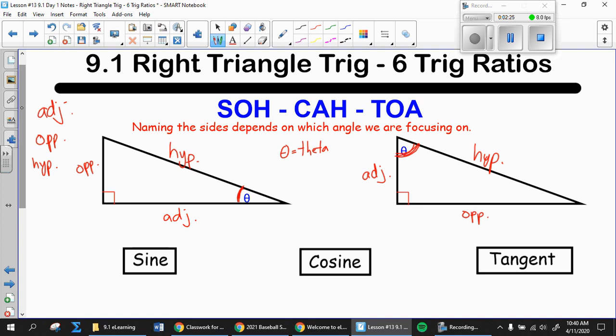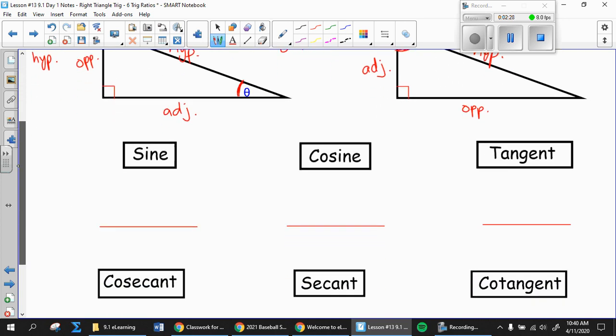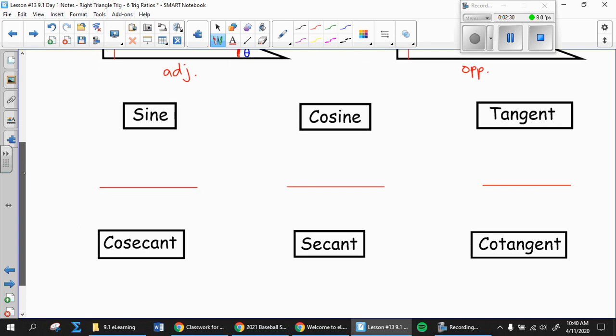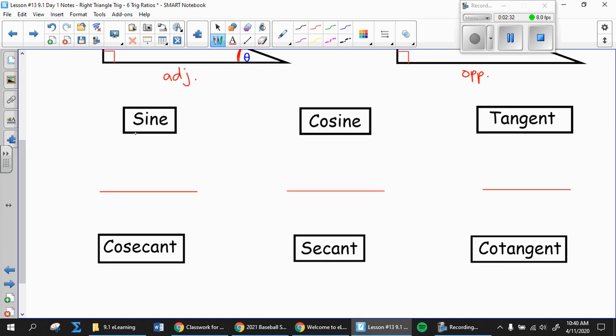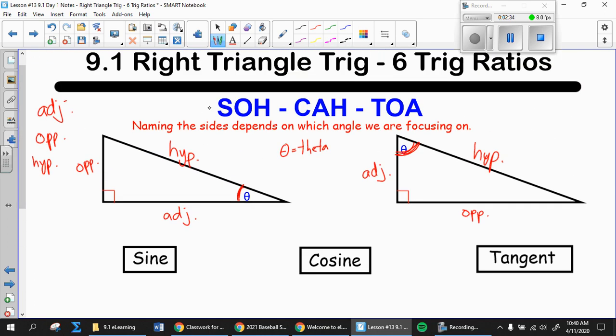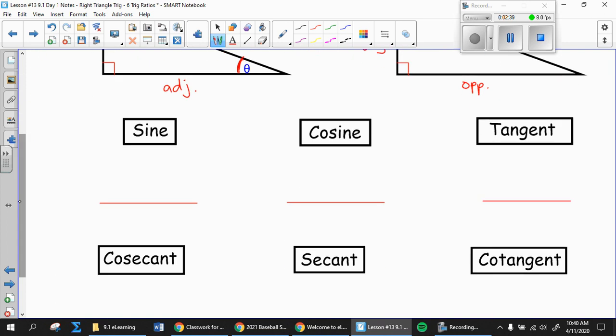Okay, so we have these different trig ratios, sine, cosine, and tangent. If you remember back to geometry, we use SOHCAHTOA to help us remember these. So sine of our angle theta equals opposite side over the hypotenuse.